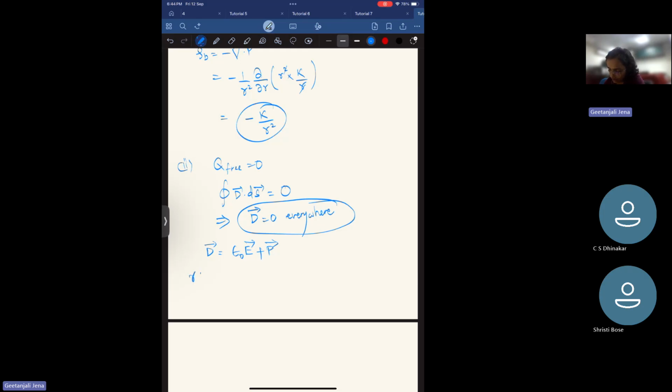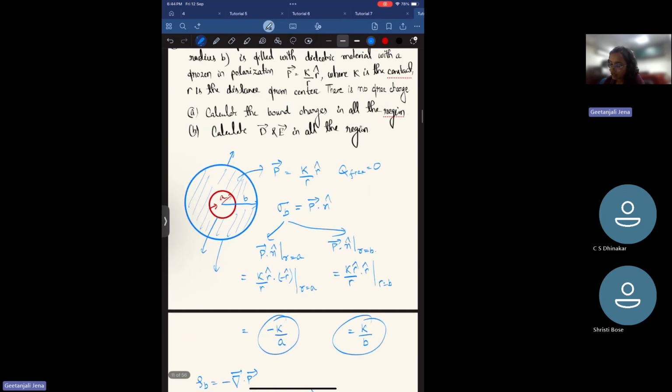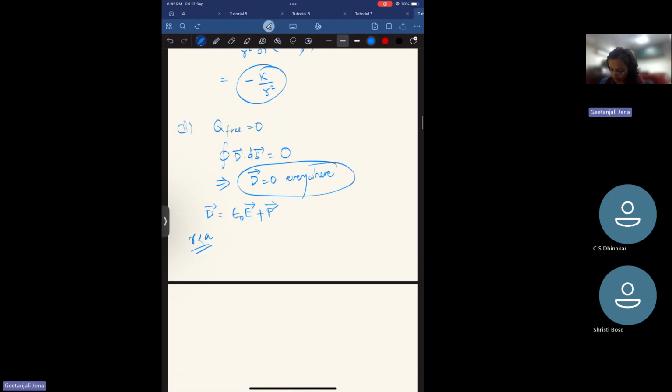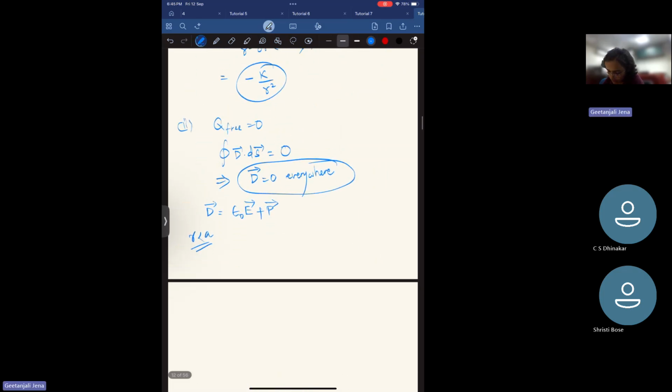So for r less than A, whenever you are considering this region, there is no polarization, right? So that means P is 0 here. So for r less than A, P is 0.